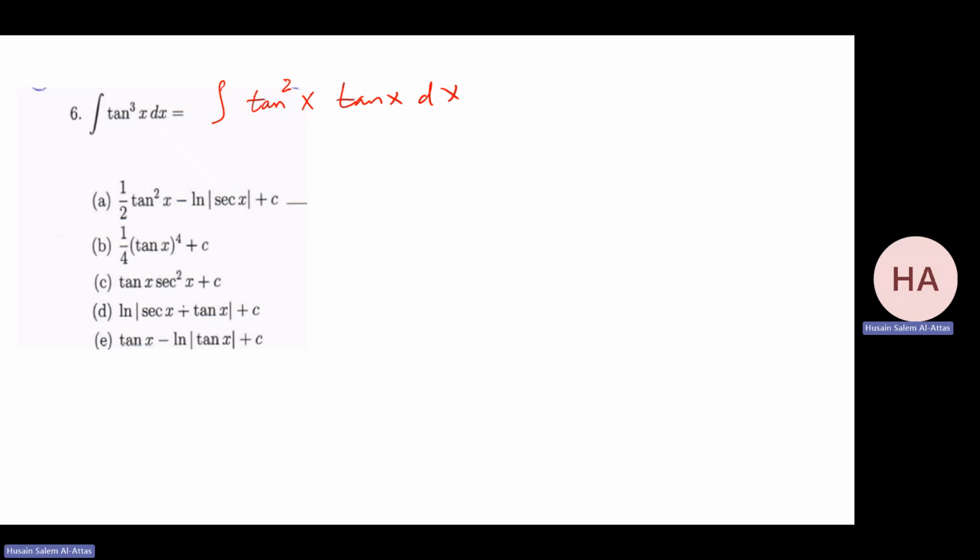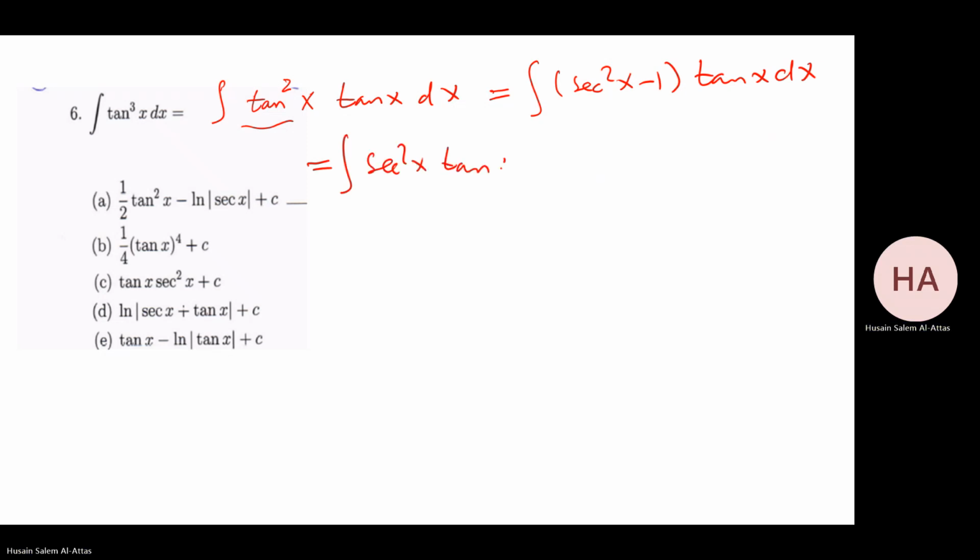And I don't have secant here, but I can do this trick. This one, I can rewrite it. Tan square is secant square minus 1, times tan x dx. So now I have two integrals: secant square x tan x dx, which is easy to do, minus integral tan x dx, which is easy to do.